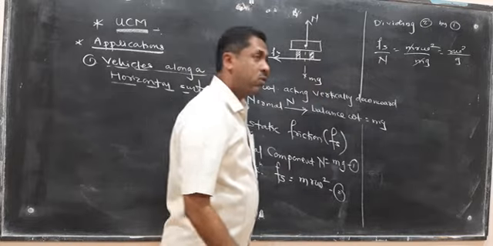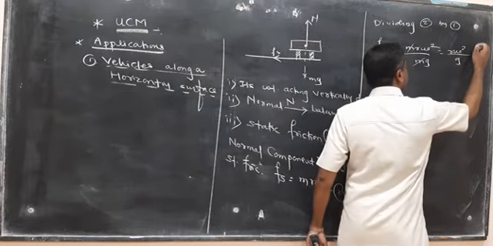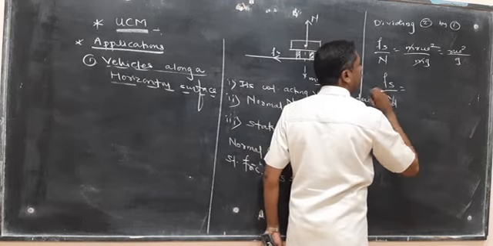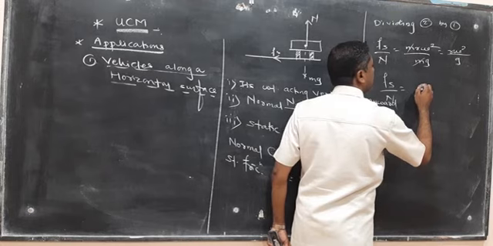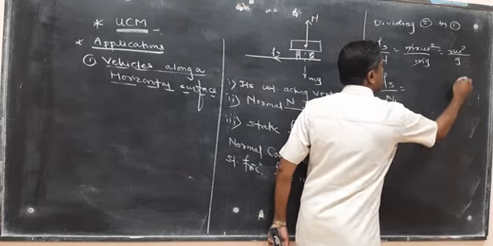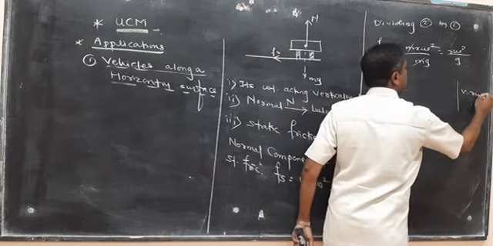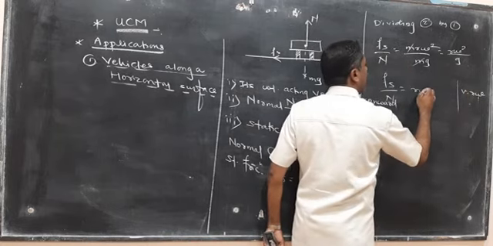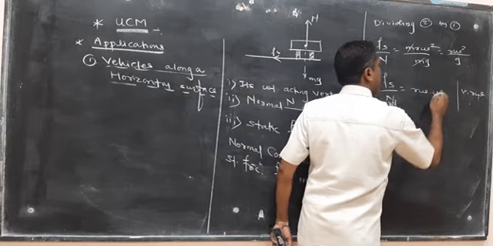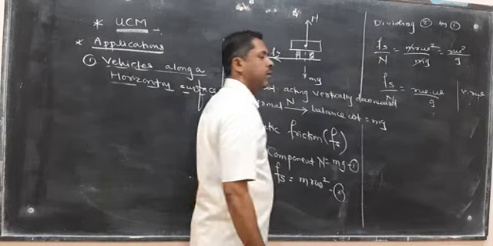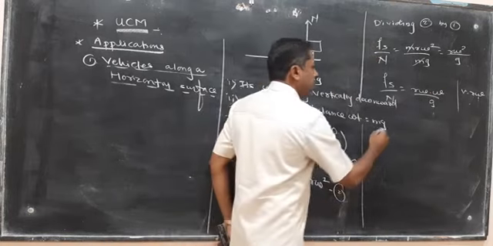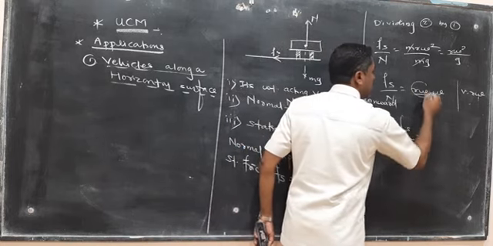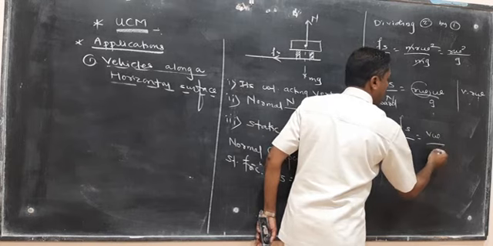We can also write, we know that Fs upon N is equal to r omega square upon g. We know v is equal to r omega, so we can write it as r omega into omega upon g. So Fs upon N is equal to v omega upon g.